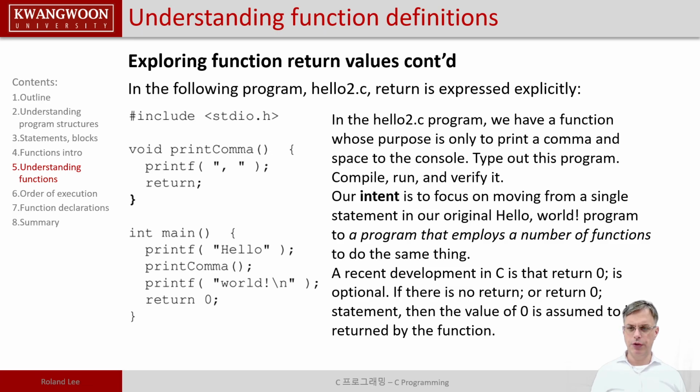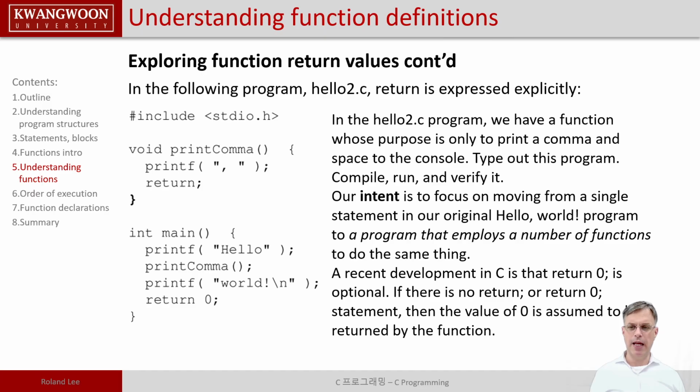So in the hello2.c program, we have a function whose purpose is only to print a comma and space to the console. Type out this program, so just as I did, compile, run, and verify it. Verification should be familiar now, since we are creating the same output. Clearly, by itself, this is not a particularly useful function.